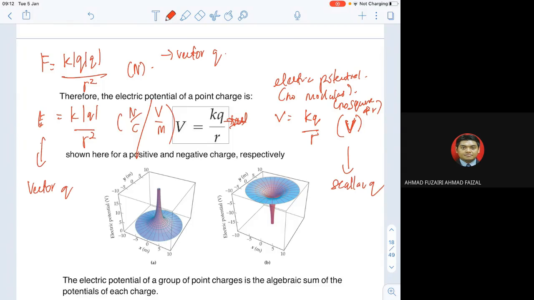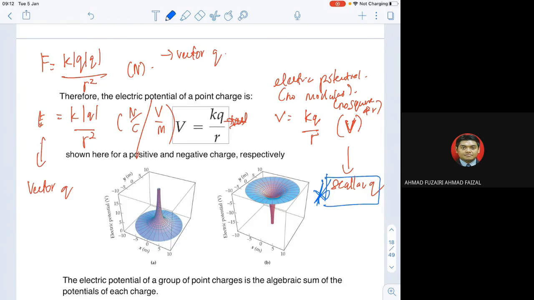I put this as blue, scalar quantity. Remember, when we talk about a scalar quantity, we don't have to mention direction, because a scalar quantity is all about magnitude only. In the equation there is no modulus.